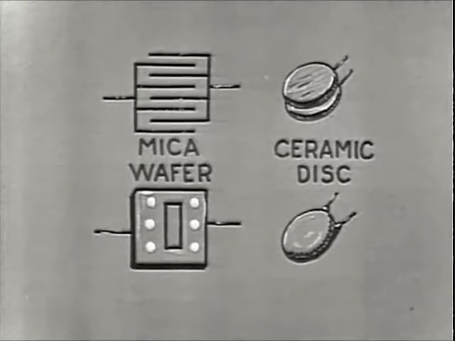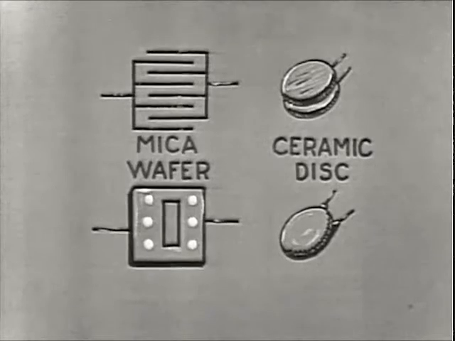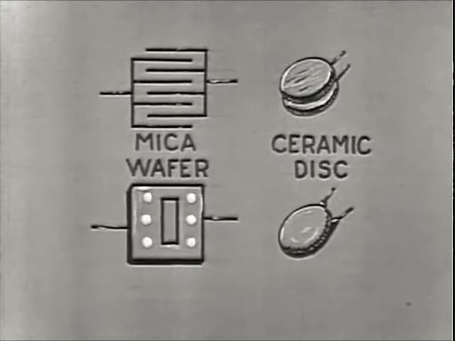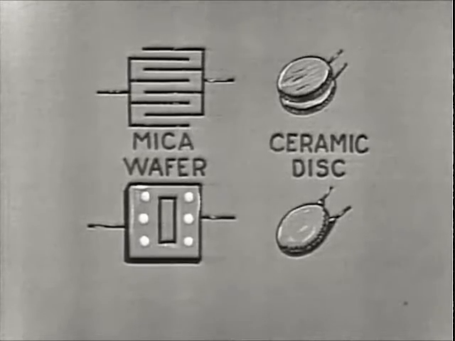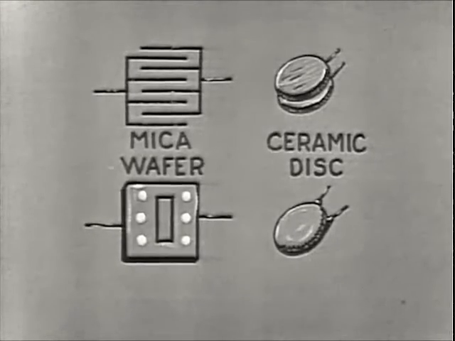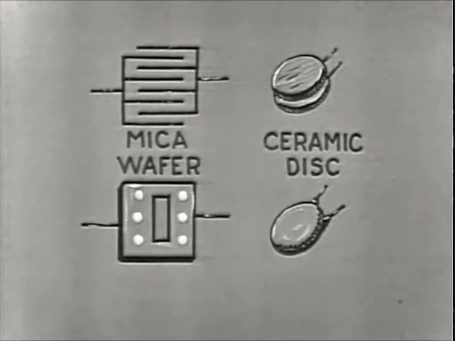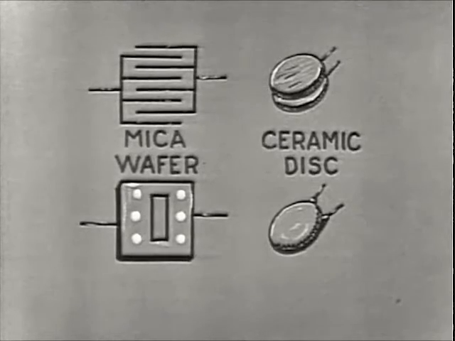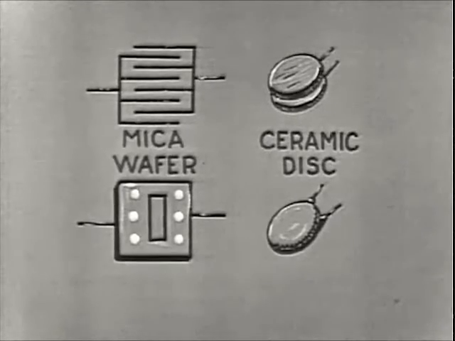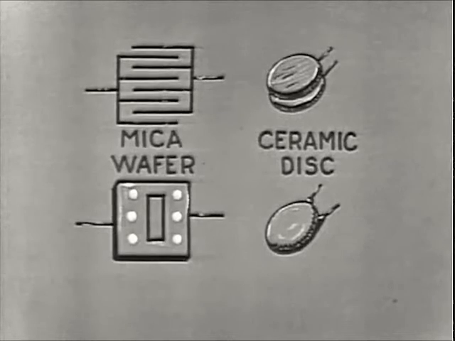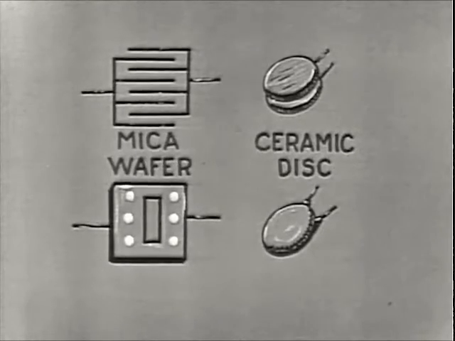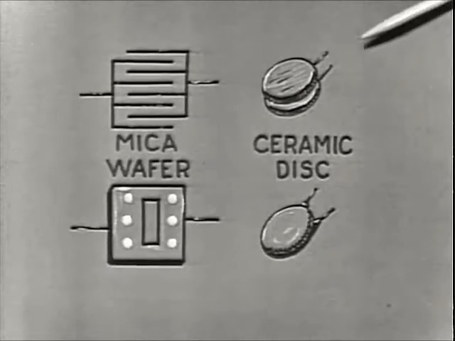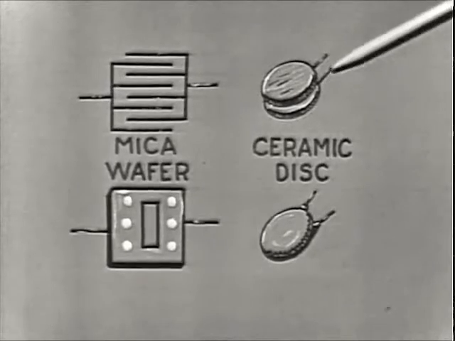The plates of the mica type are meshed, as indicated here, to cut down on space. Sheets of mica are placed between the plates. The entire assembly is then encased in a plastic and looks like this. The ceramic disc type starts out as two plates with leads attached.